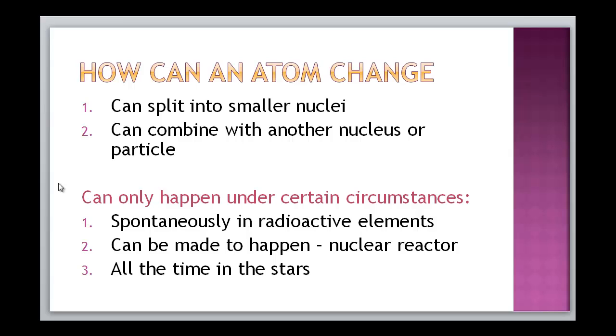So again, we can split into smaller nuclei. We can combine with another nucleus or particle, and that's what the example showed. It can only happen under certain circumstances, so spontaneously in radioactive elements such as uranium or plutonium, maybe you've heard those before, and can be made to happen in a nuclear reactor or as I demonstrated with the stars.